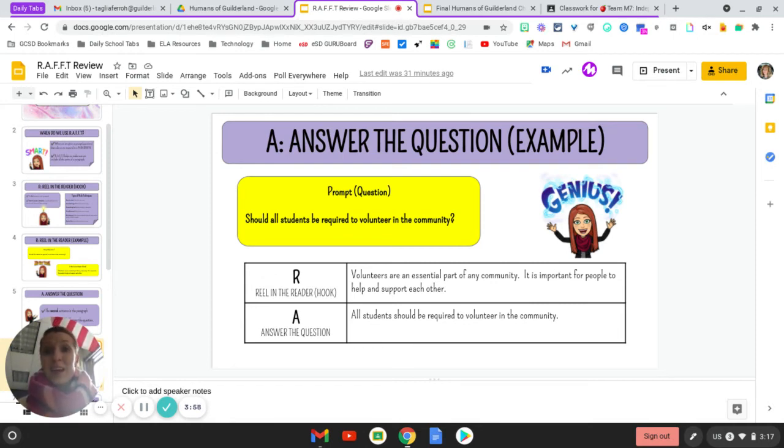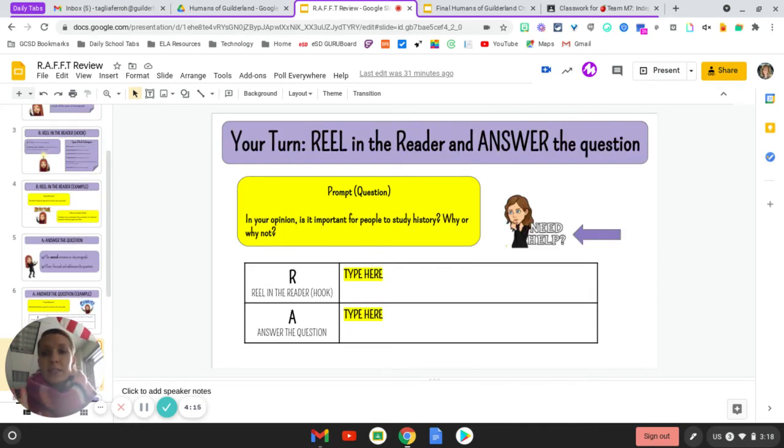So this week, that's all we're going to practice. I want you to show me that you can write a hook sentence that focuses on the overall topic of the question, and then clearly give me a one sentence answer. You're going to see 3 slides that look just like this. What's different in each slide is the question.